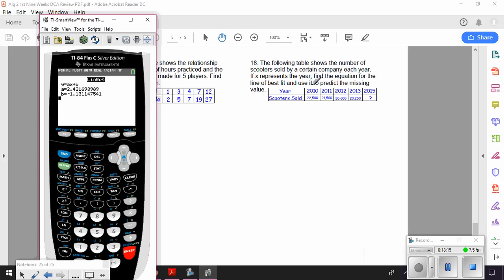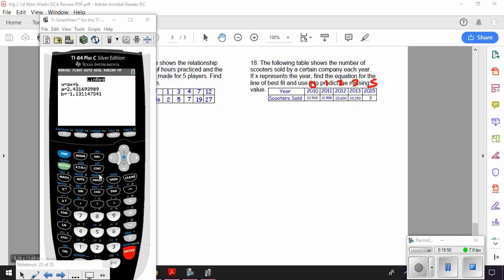So 2010 is going to be 0. That means 2011 is 1. 2012 is 2. 2013 is 3 because it increased 1 year each time. 2015 would be 5, but I'm not going to enter that information in my list just yet because I don't have its number of scooters.